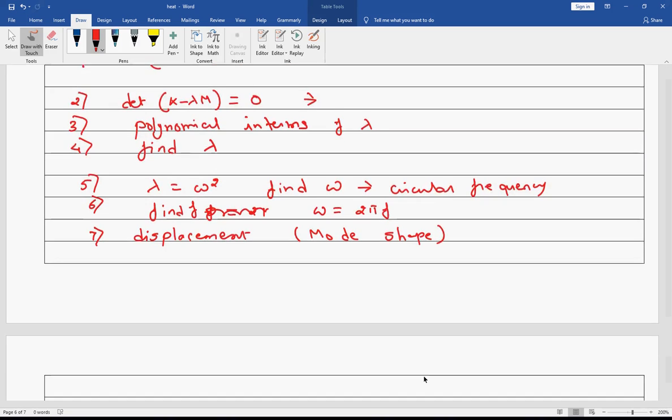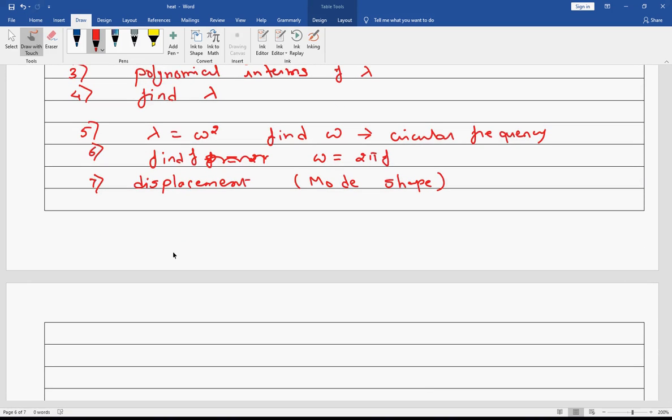So how do I do it? Mode shape, basically. Now (K minus lambda M) into u1 is equal to 0. Now what is this u1? Let us say you have u2 and u3.